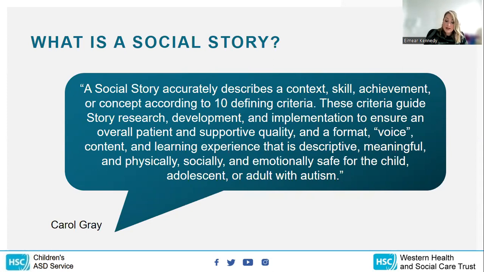She goes on to say that social stories are patient descriptions of life's many topics and frequently include information that you or I would take for granted, information that we may mistakenly assume everyone knows. So the 10 social story criteria are mentioned throughout this presentation, and full details can be found on Carol Gray's website, and the link to that website is shown at the end of the presentation.